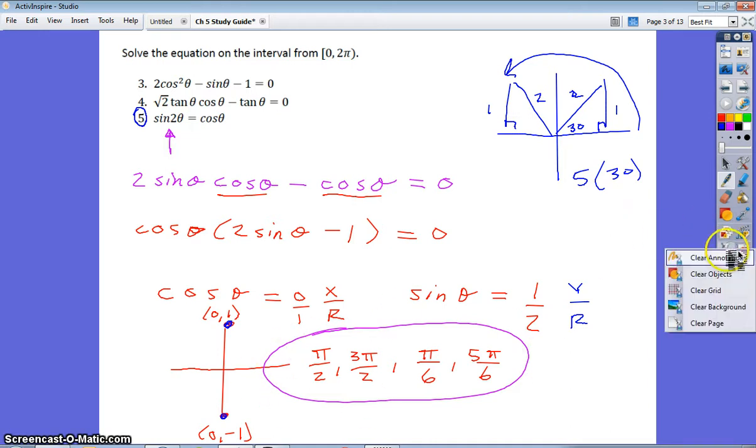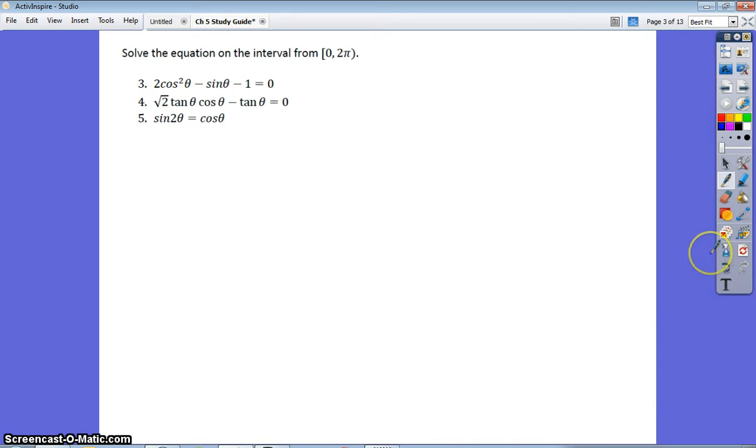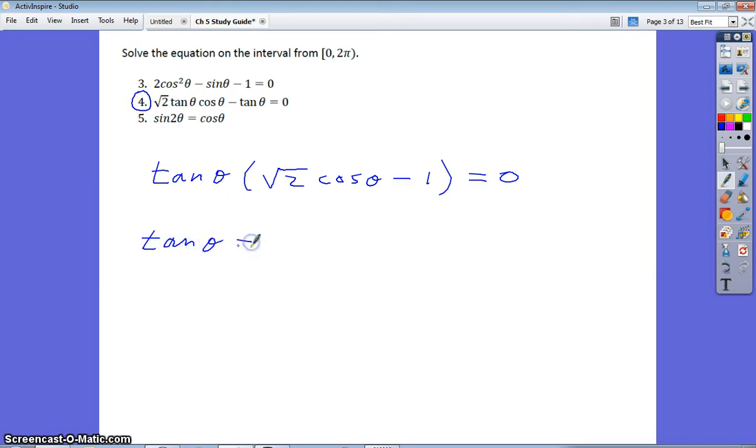Let's go ahead and move to number 4 here. I could just factor out tangent from both of those terms, and I have tangent times 2 cosine minus 1. I set tangent equal to 0, and root 2 times cosine minus 1 equal to 0.